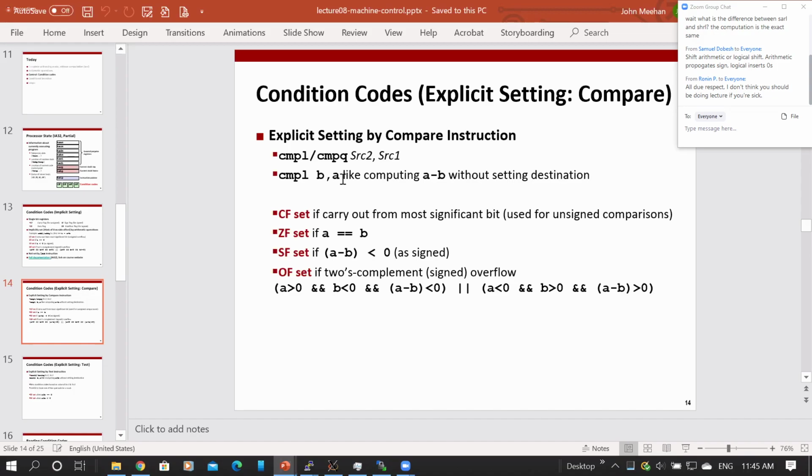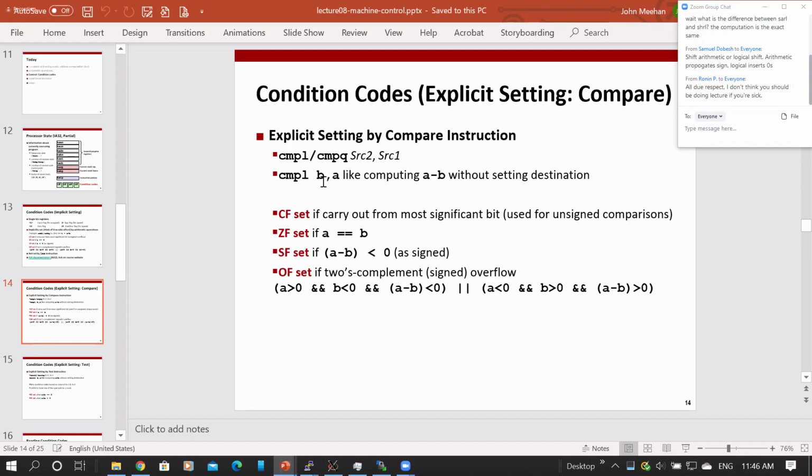Now, if B is equal to A, what's going to happen? Well, subtracting B from A is going to light up the 0 flag for me, right? So if A is equal to B, and I do that compare instruction, I can tell that A is equal to B because the 0 flag will be set after I do the compare instruction.